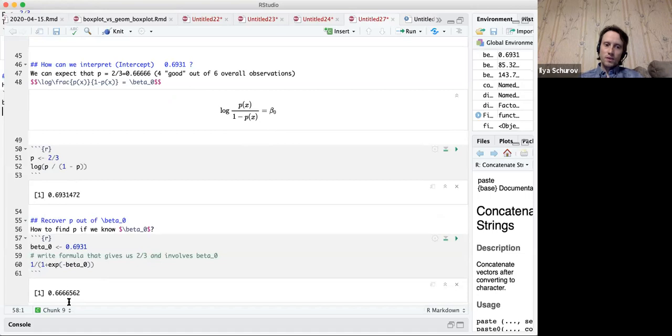Okay, you see that we indeed recovered the value of P with good precision. This is 2/3.